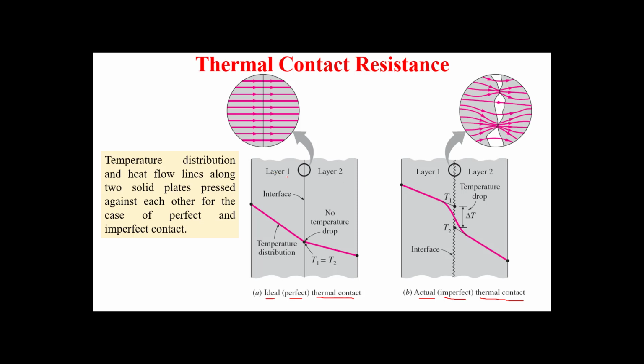Here we have layer 1, wall 1, made from a certain material, and here another material, layer 2, maybe made from the same material. If there is no surface roughness, the two layers will be in perfect contact, so the Q will flow without any attenuation.